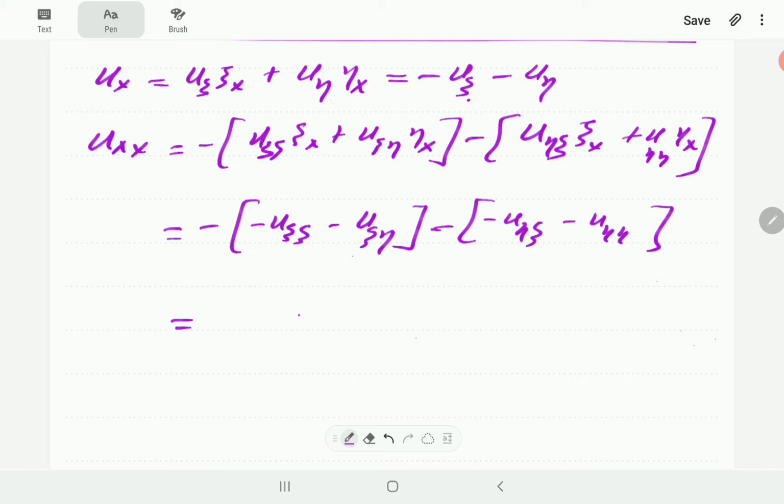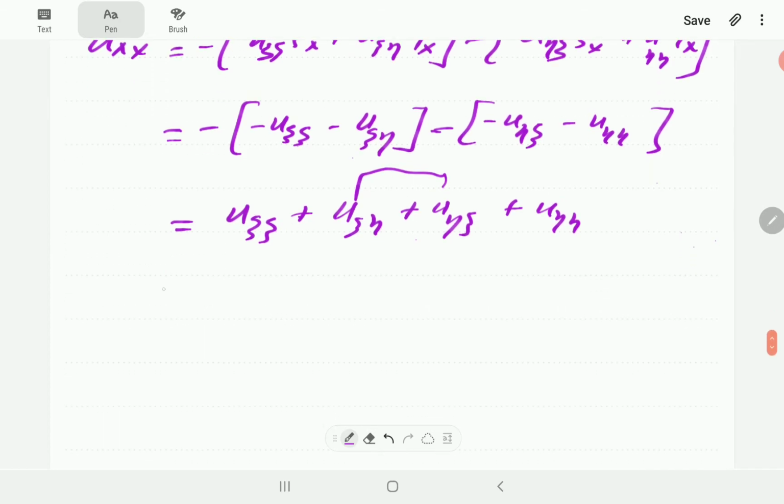Removing brackets and collecting terms, this is going to be u_xi_xi plus u_xi_eta plus u_eta_xi plus u_eta_eta, but these are the same, so this is going to be u_xi_xi plus 2u_xi_eta plus u_eta_eta.